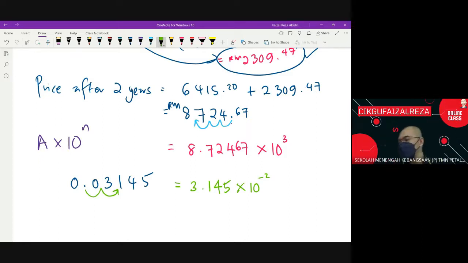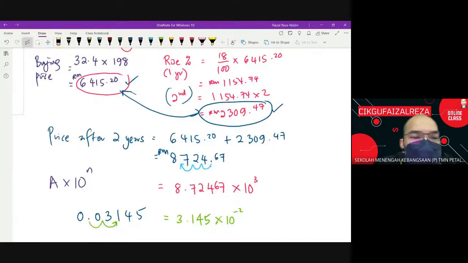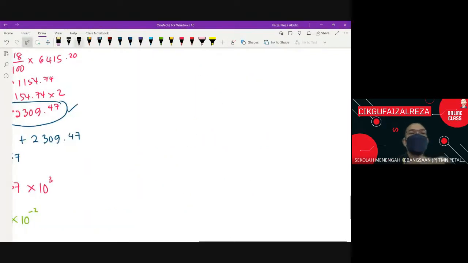What if there is no decimal point? For example, your friend asked, no decimal point means 1,234, like this, isn't it?